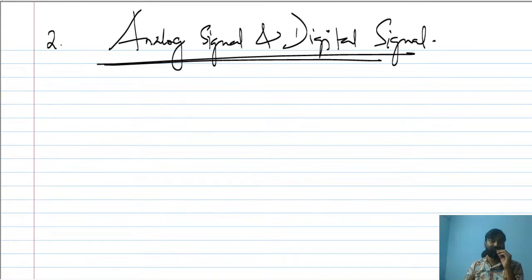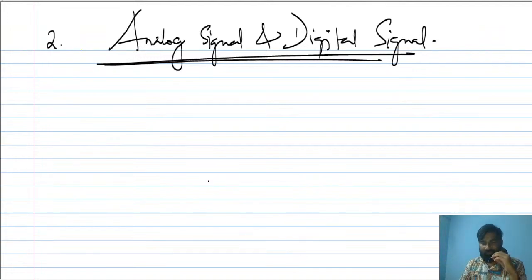Nowadays everything is digital, but as I told you, all the signals which exist around you in nature are analog. Nowadays student, teacher, engineers, doctors, everyone prefers digital, a digital watch, everything is digital. But sometimes people also prefer analog, so analog will never go away, because research will continue in analog.